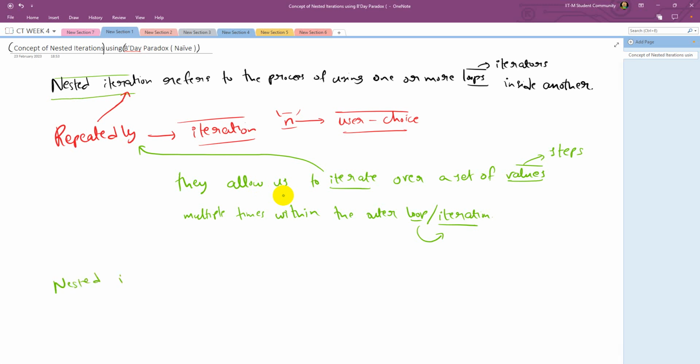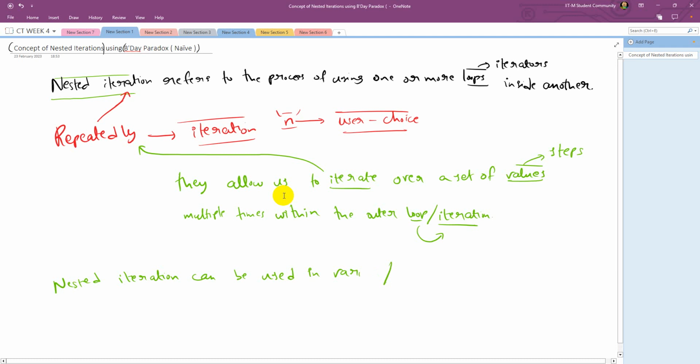Nested iteration can be used in many tasks, even many is a proper word when compared to various.